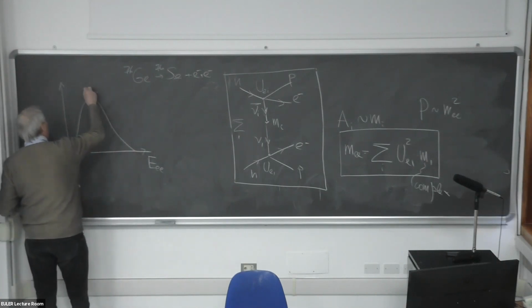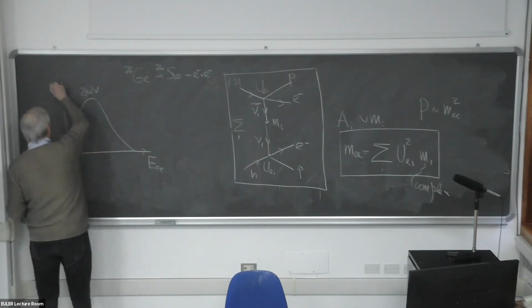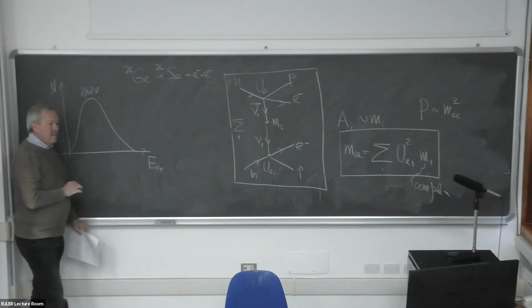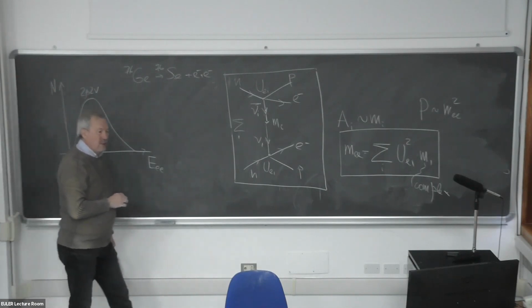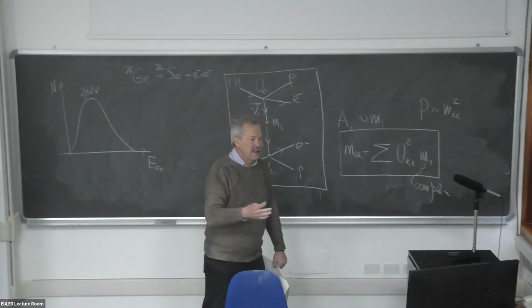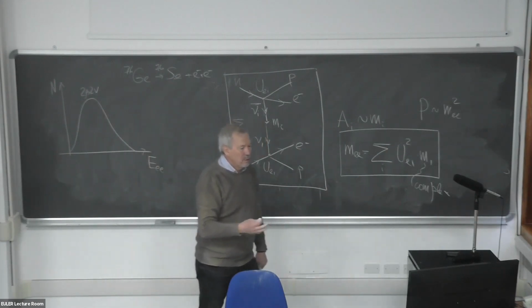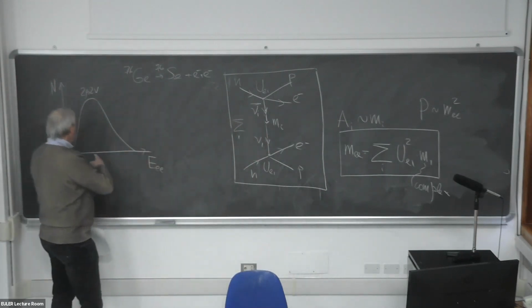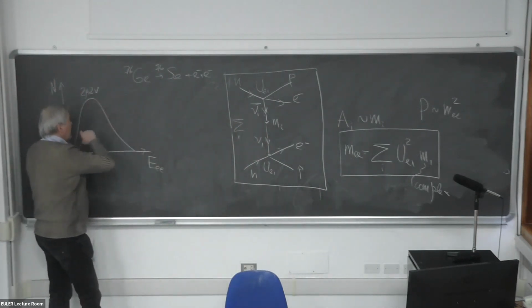So this is for 2 beta 2 nu, usual double beta decay, number of events. And it is a continuous spectrum because part of the energy is taken by neutrinos, right? We have 2 electrons in the final state and 2 neutrinos. The 2 neutrinos are taking some of the energy, and therefore the distribution is like this.